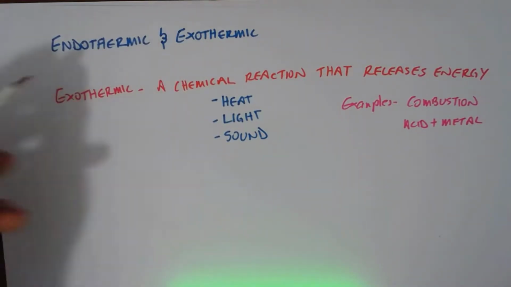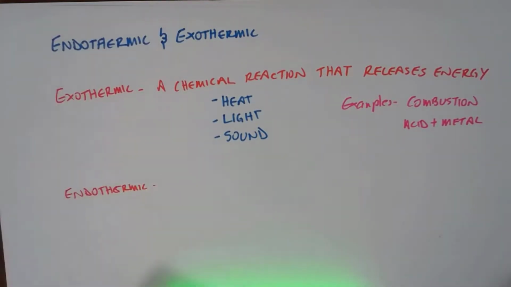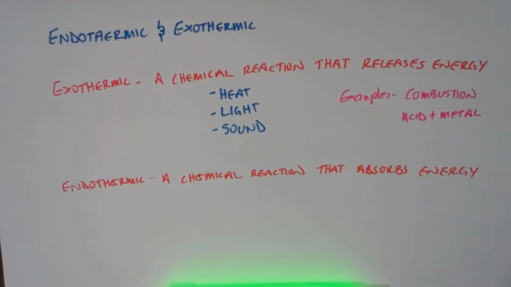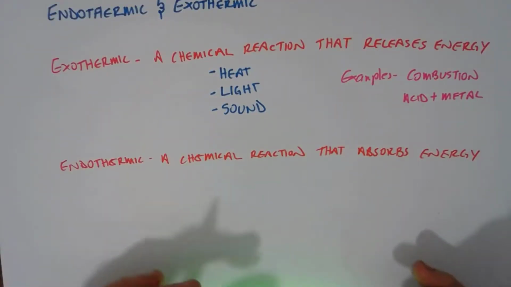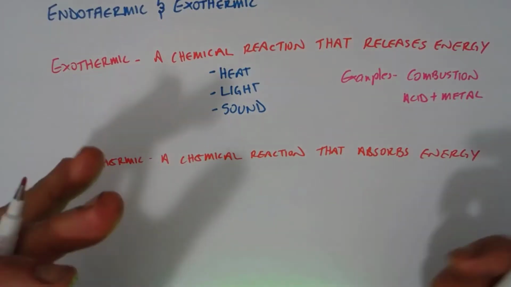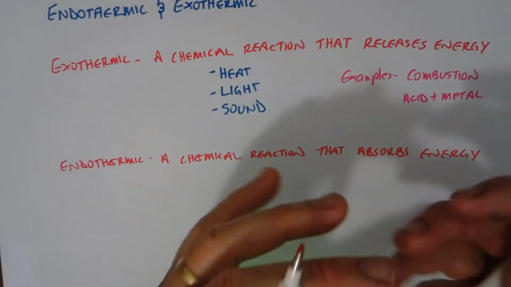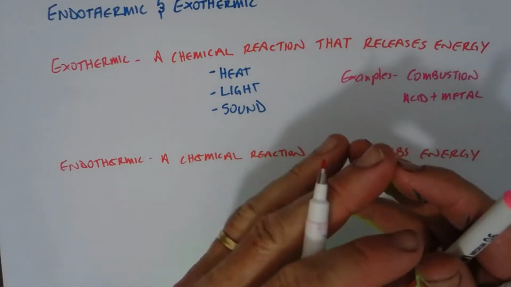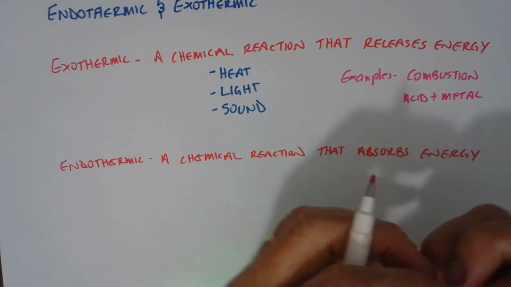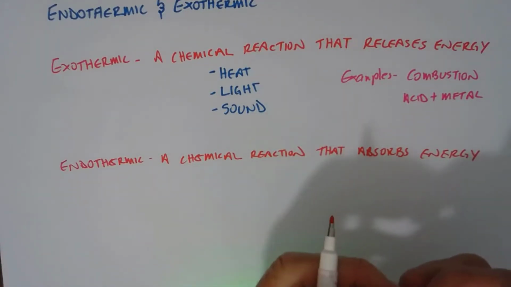The other one we've got is endothermic, and you probably guessed that endothermic is a chemical reaction that absorbs energy. So it absorbs energy. So that means that the temperature of the products is less than the temperature of the reactants. So that means that when the molecules are rearranged to form new bonds in the products, energy is actually being absorbed and stored within those bonds.